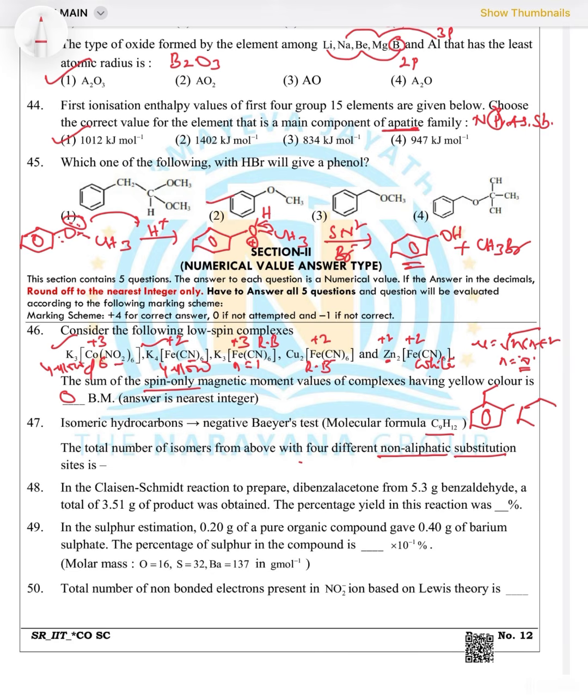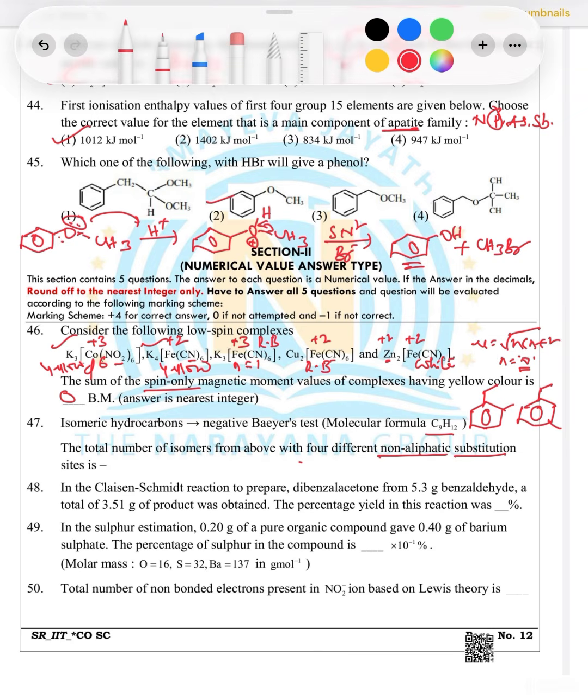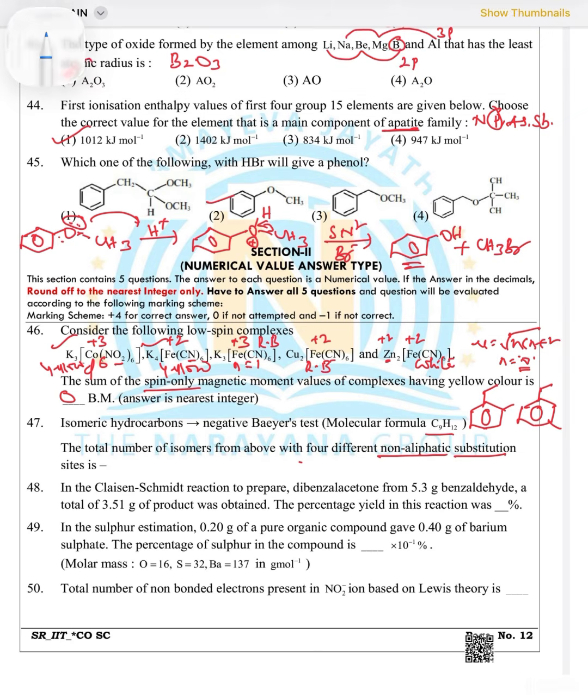One more is the meta position. If you observe here, this is aromatic, here 1 more substitution, 1 more, 1 more substitution. There are 4, like that here also 1, 2, 3, 4. These are non-aliphatic. So in total, 2 compounds are possible.